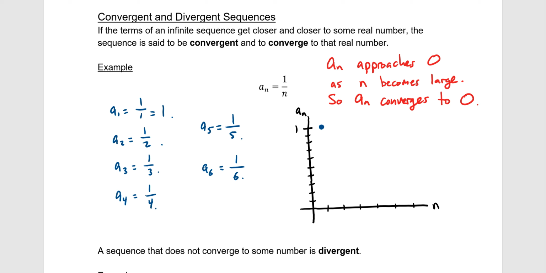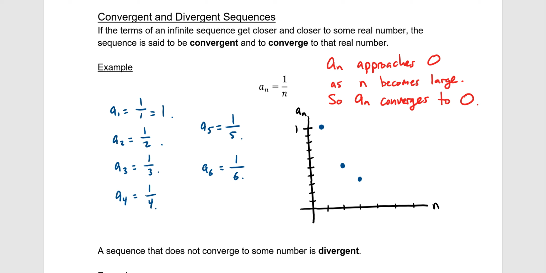A sub 2, n was 2, a sub 2 was 1/2, that's going to be right about here, it looks like. And then for n equals 3, that gave us 1/3.